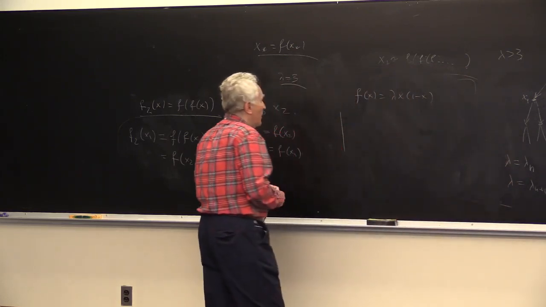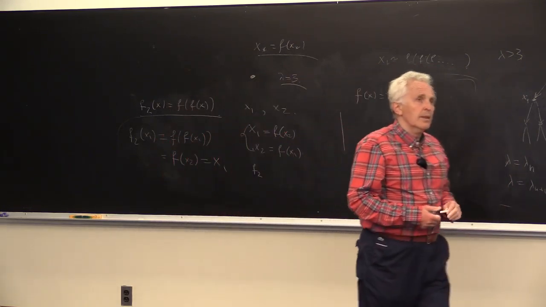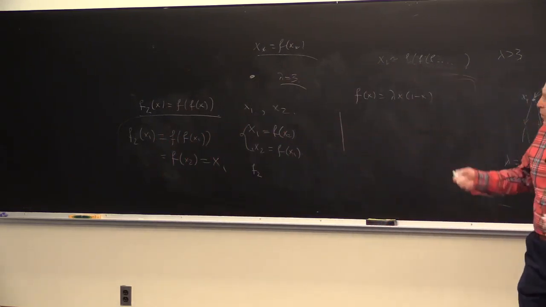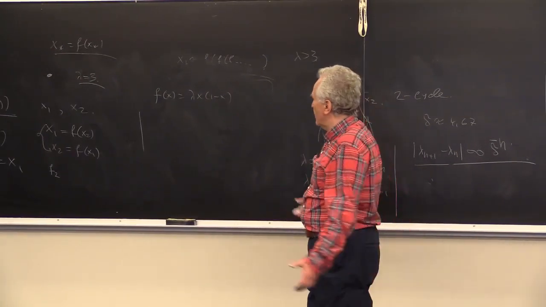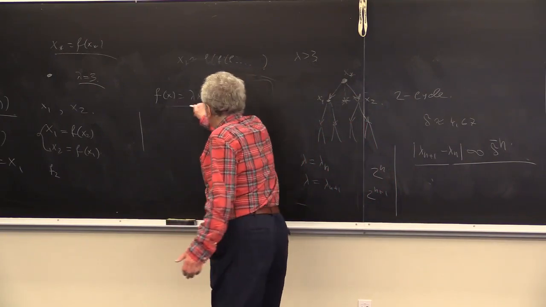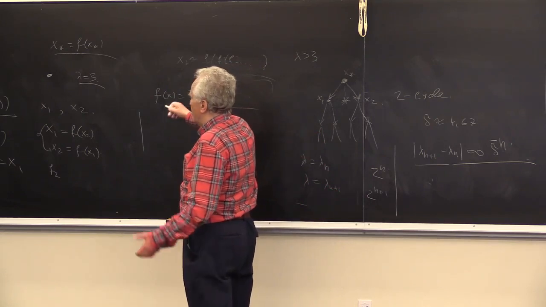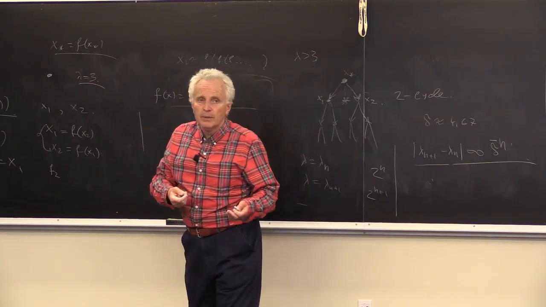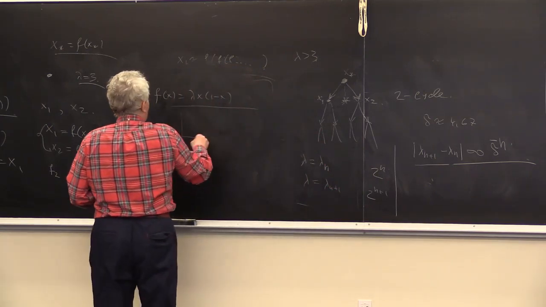And not surprisingly, with the order 2 polynomial, we had 2 roots, and one was x equals 0, which we simply dropped.